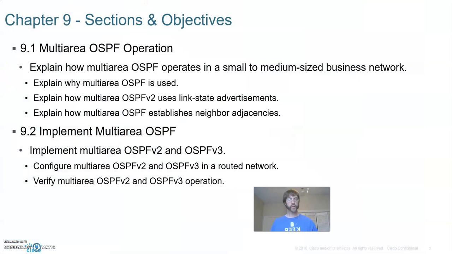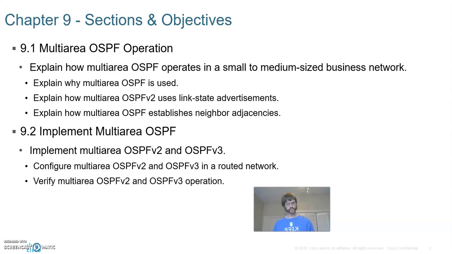What we're going to do is talk about multi-area OSPF operation, how it works in the size of network we're usually going to be dealing with, medium to business sized, how it is used, how it handles link state advertisements, how it handles neighbor adjacency. The big thing here is that there are some LSAs that we didn't talk about in single area OSPF that we're going to need here.